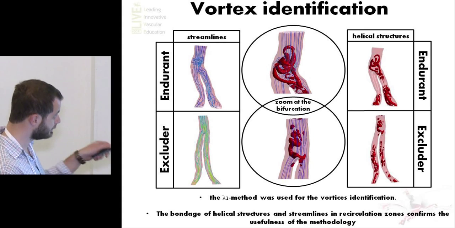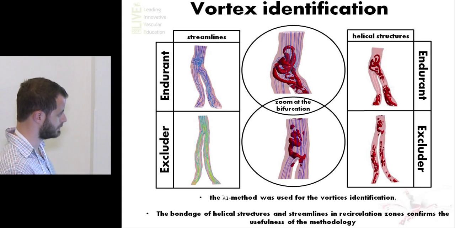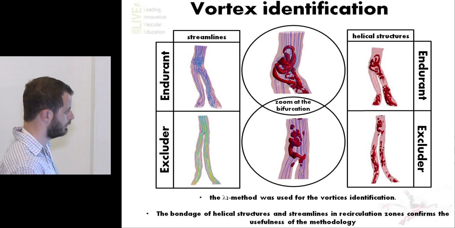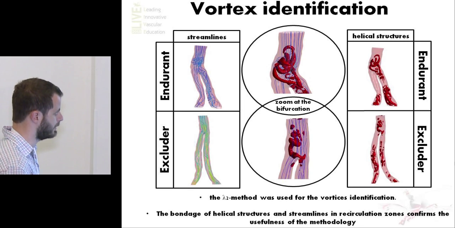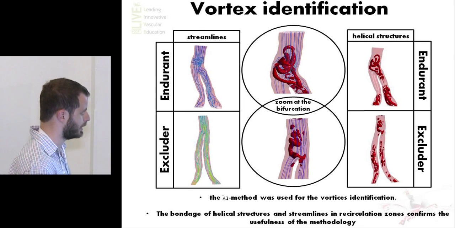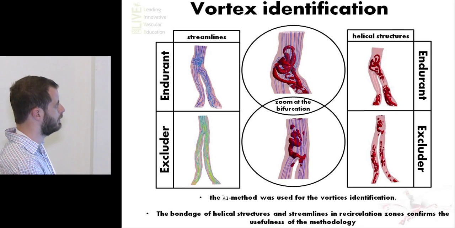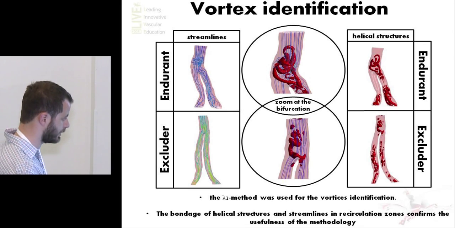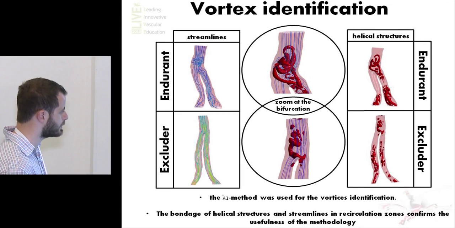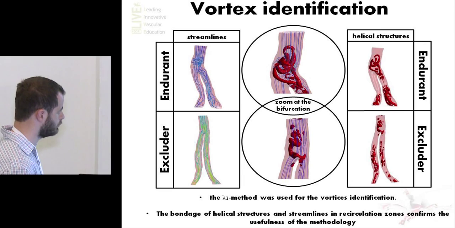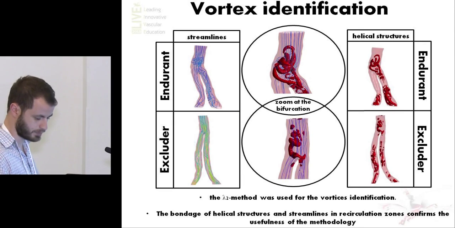And the identification of the vortices is based on the lambda-2 method. The lambda-2 method finds a local minimal pressure, and around this local minimum pressure we have a development of vortical structures. And the overlap of helical structures and streamlines in recirculation zones confirms the usefulness of this methodology.